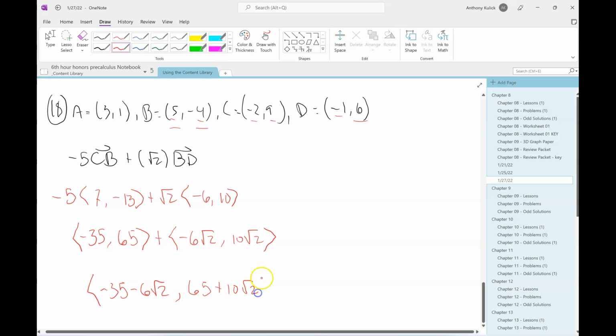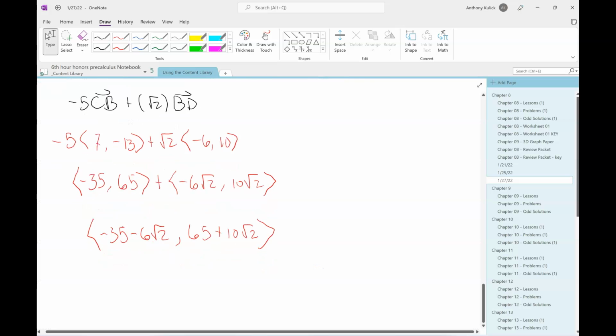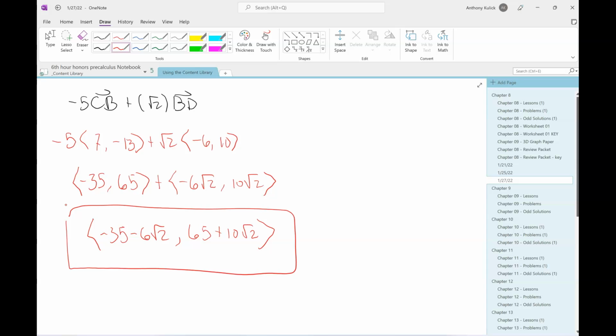But again, I can't add a rational number to a radical, so I just wrote -35 minus 6 root 2 and 65 plus 10 root 2. I suppose you could have made those decimals if you really wanted to, but I would just leave it this way. An exact answer is usually preferable unless you're asking for a rounded answer, or there's some context that makes a rounded answer more meaningful. Does that feel okay, Arya? Okay.